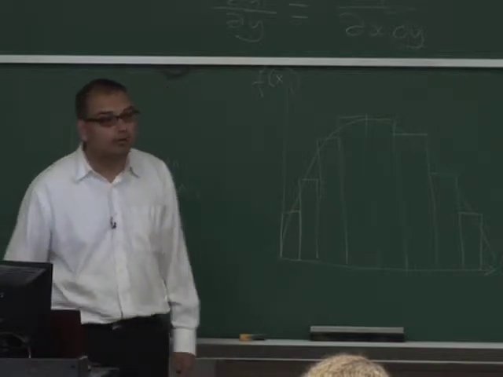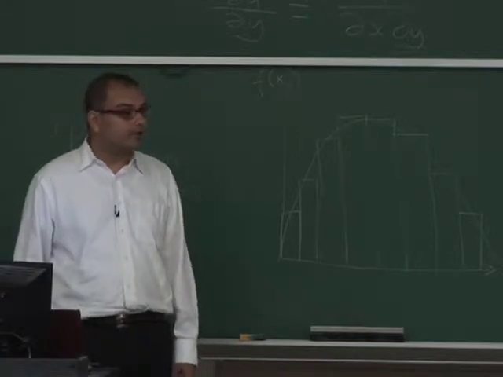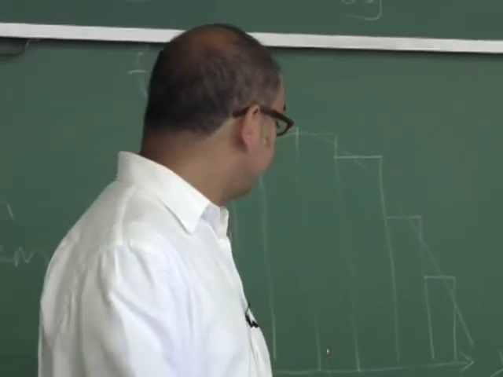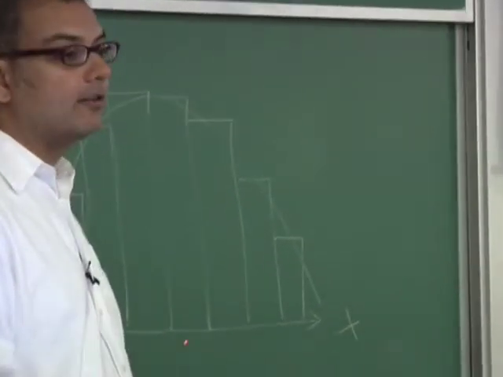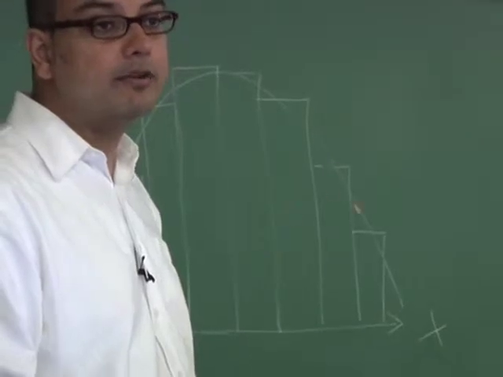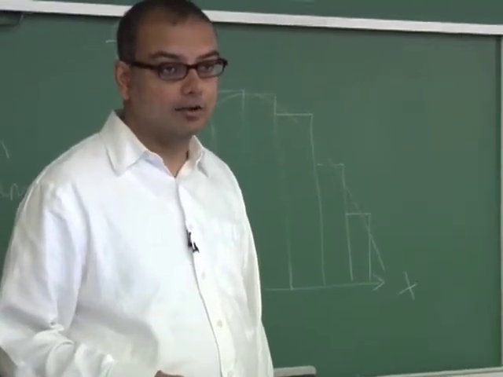So the narrower your rectangle, the more precise your approximation. And if the width of these rectangles go to 0, then the limit of the sum of these areas, the limit of the Riemann sum, will go to the integral.